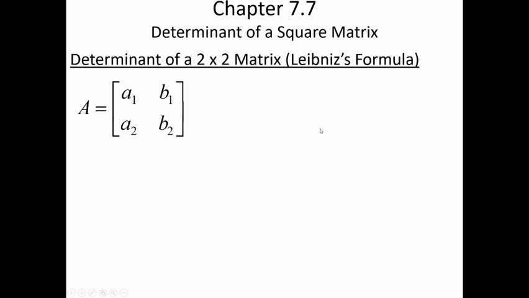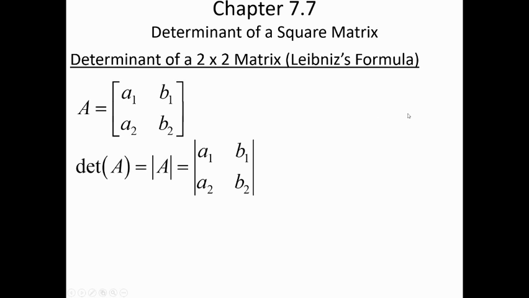And the rule goes something like this. Okay? If you want to find the determinant of A, you can write it as DET A, and that stands for determinant. So there's two ways to write the determinant.